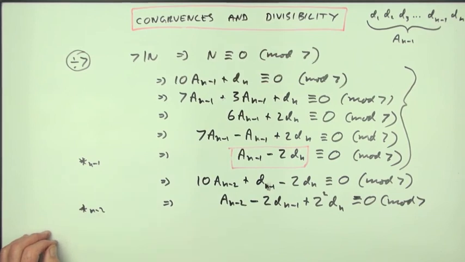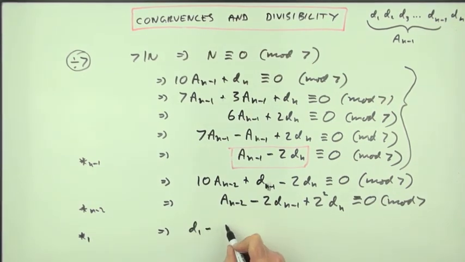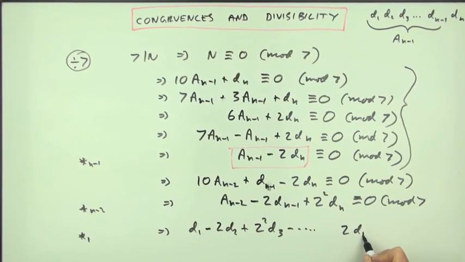That's the line n minus 2, and continuing that through in the same manner would eventually take you, once it was down to a1, to d1 minus 2d2 plus 2 squared d3 minus and so on until you ended up with the last one, dn, and that'll be 2 to the power n minus 1, should be congruent to 0 mod 7.